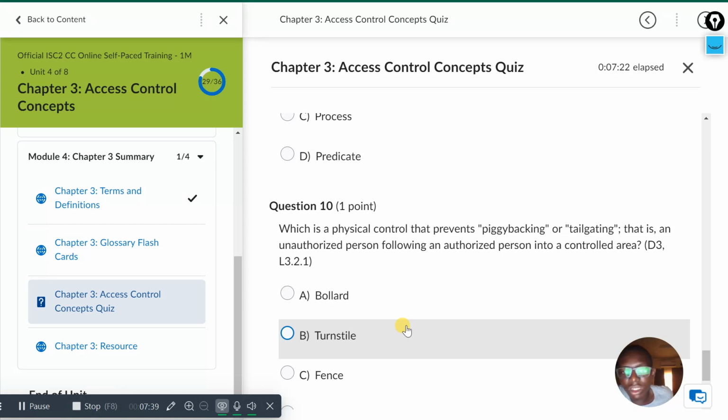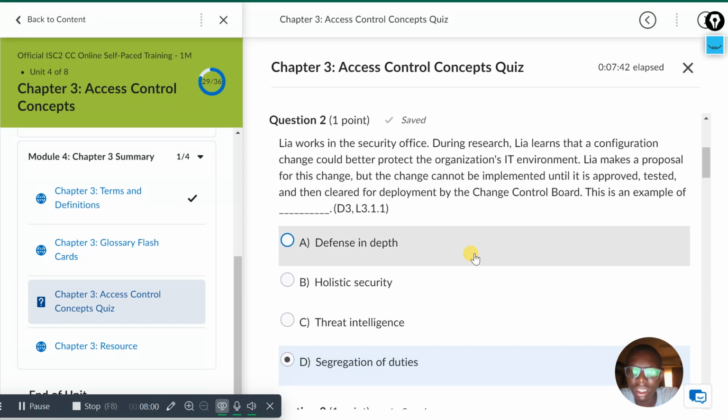Which is a physical control that prevents piggybacking and tailgating? Oh wait, I mentioned piggybacking and tailgating in the last one, in module 3, where there was an example about people following someone else in. Oh wait, was it a question? I think it was a question here.